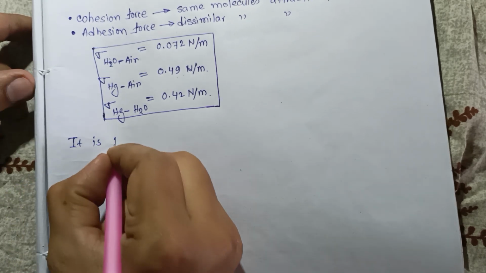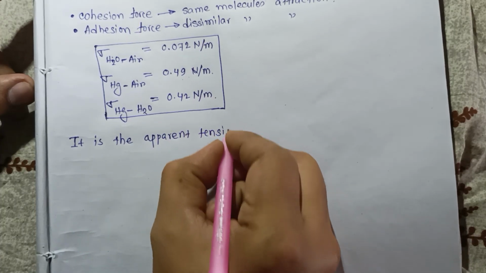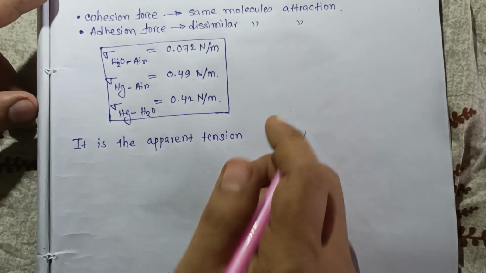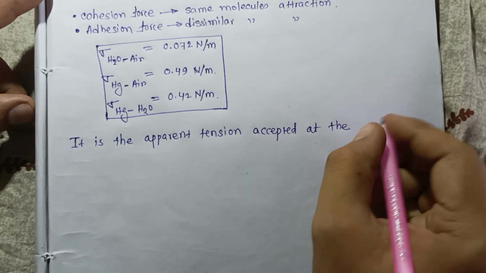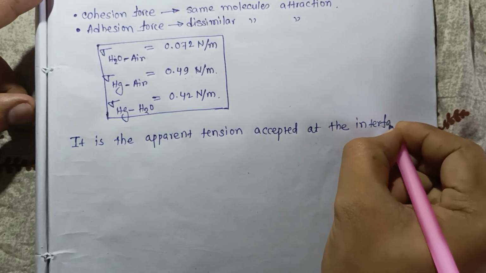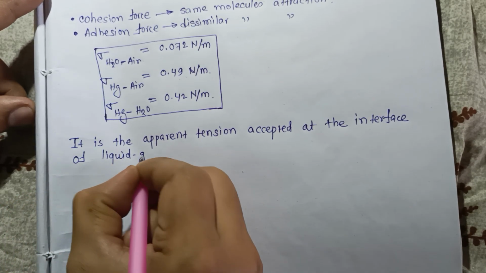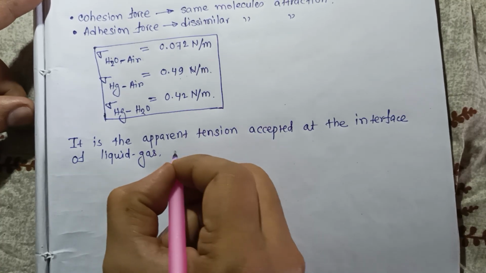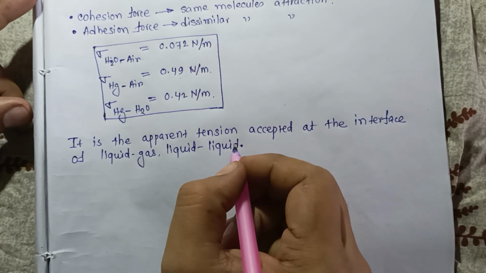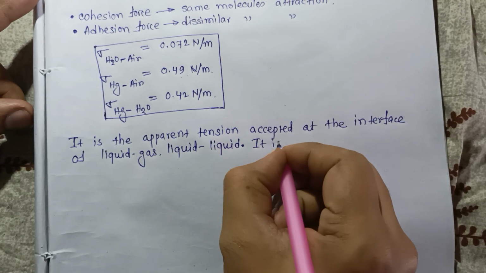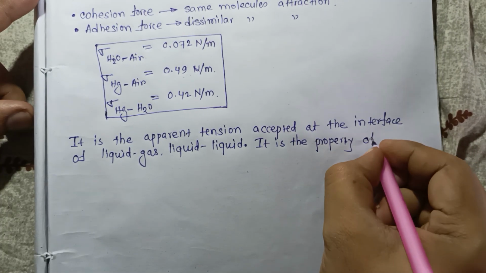It is the apparent tension accepted at the interface of liquid-gas or liquid. It is a property of the fluid.